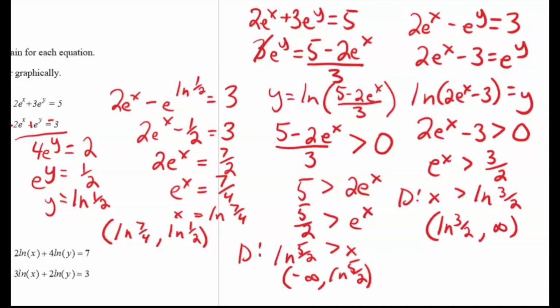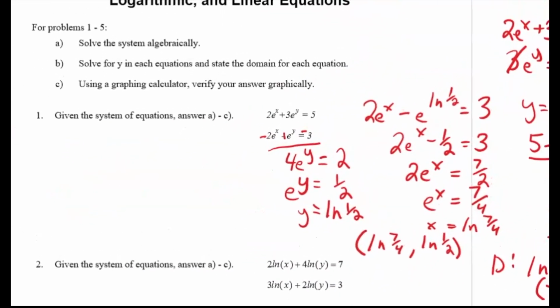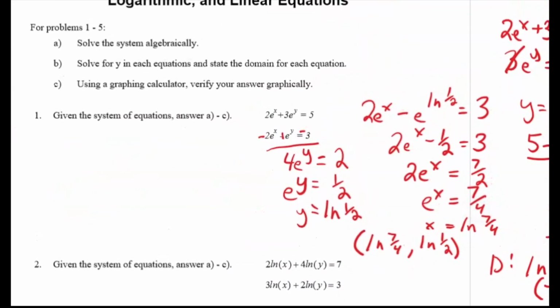Now part C to this problem, or to the directions to these problems, say we need to use the graphing calculator to verify our answer graphically. So we need to know what ln of 7/4 and ln of 1/2 are going to be as decimals, and you can use your calculator to do that.